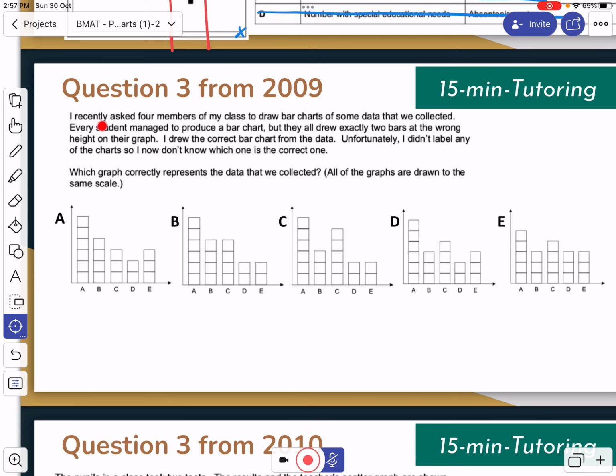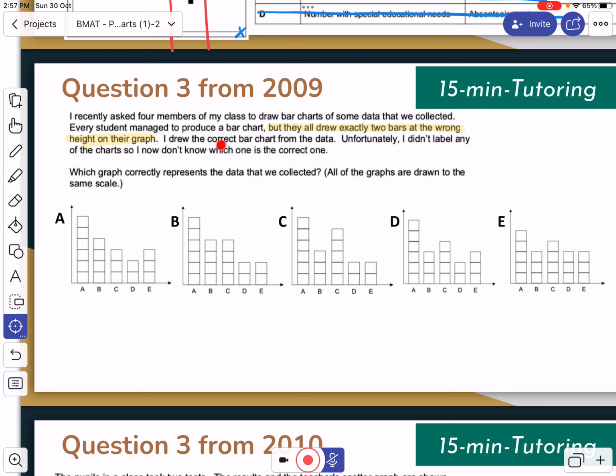I recently asked 4 members of my class to draw bar charts from some data that we collected. Every student managed to produce a chart, but they all drew it exactly 2 bars at the wrong height on the graph. This sounds like something important. I'll highlight it. So everyone drew it wrong at exactly 2 bars.